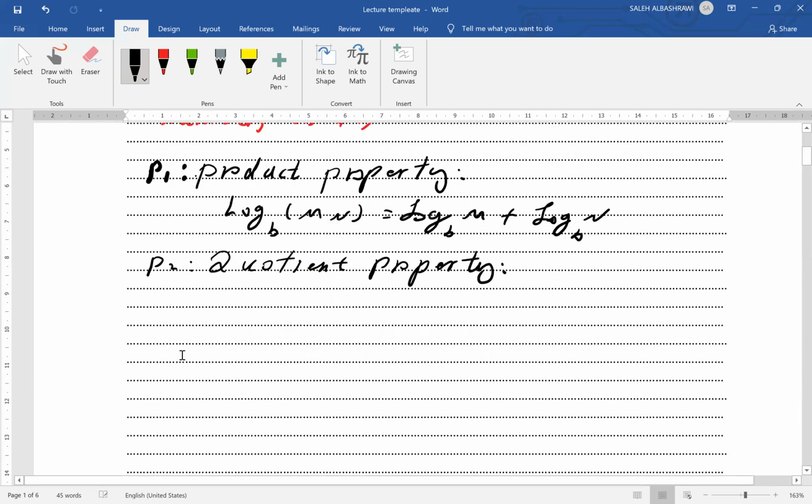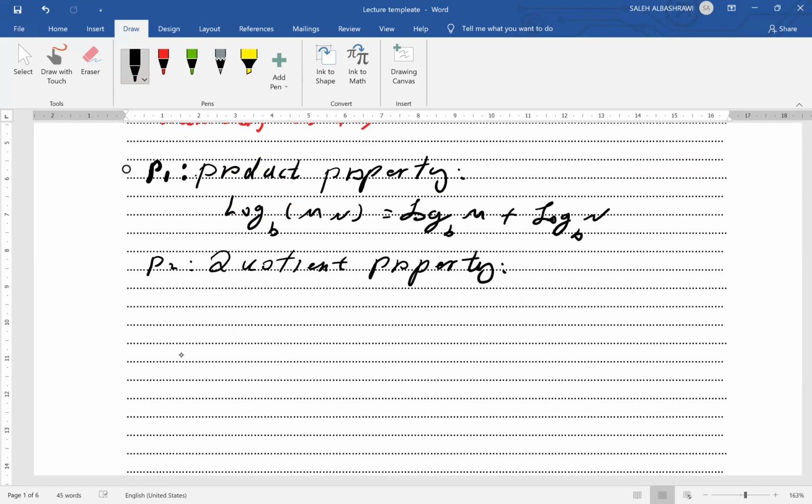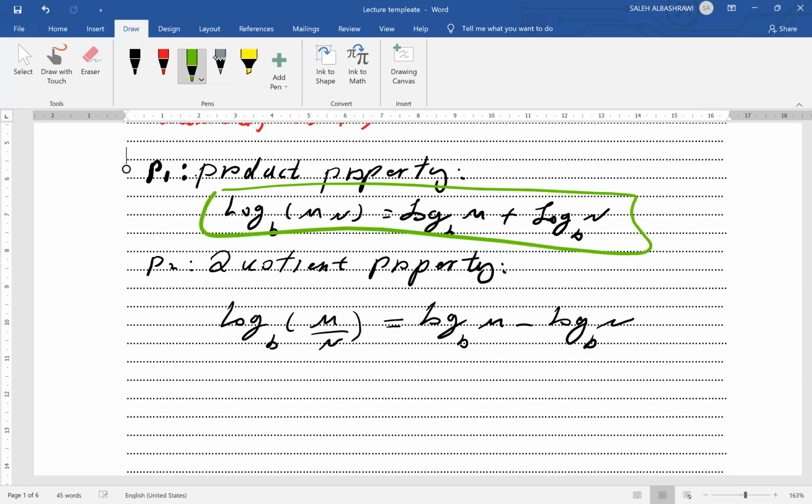They said that if we have division of two quantities, if it is logarithm base b of m divided by n, then this can be written as logarithm base b of m minus logarithm with the base b of n. So the product will give me plus, and the quotient will give me minus.